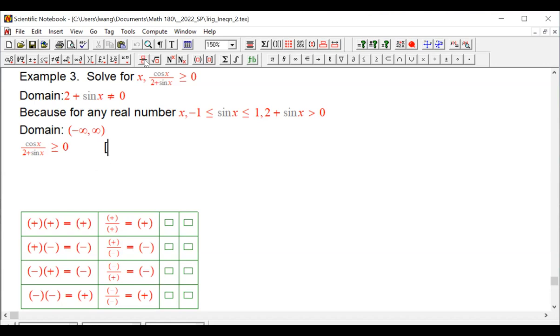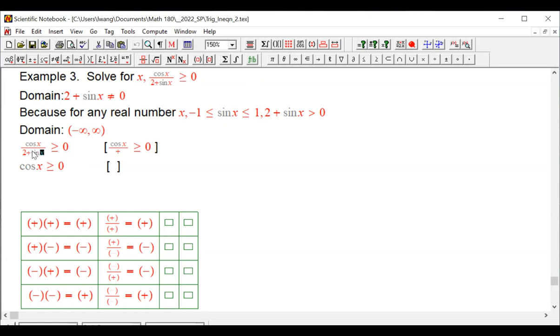The numerator is cosine, and we want this to be greater than or equal to 0. So what will that lead us to? Of course, cosine x is going to be greater than or equal to 0. You can multiply both sides by 2 plus sine x if you want, or you can achieve this by sign analysis.